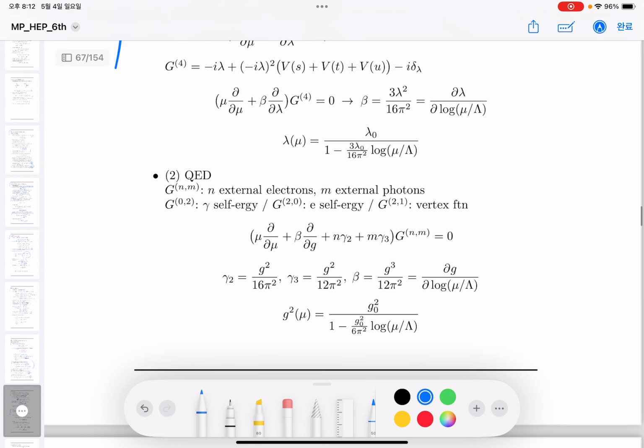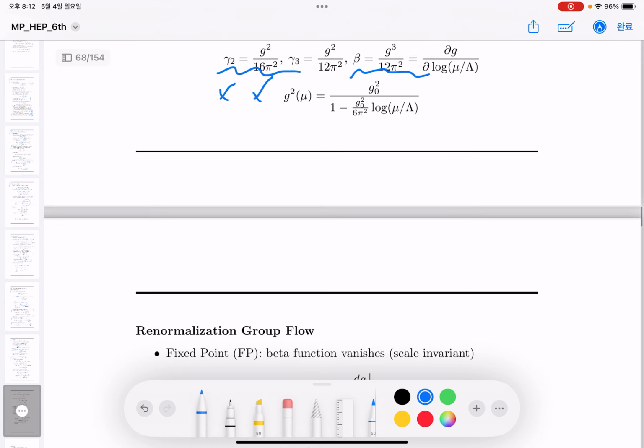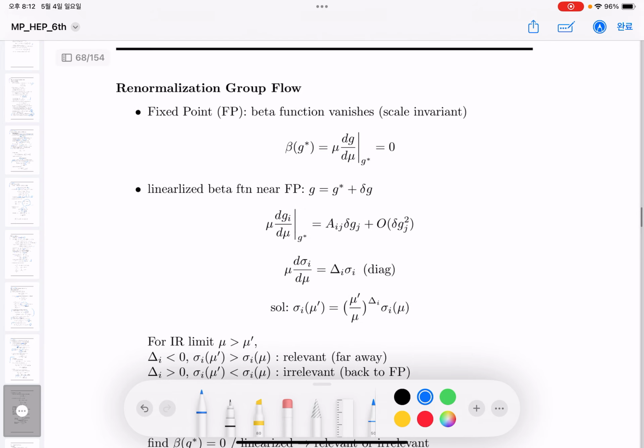Also, for QED, there will be two anomalous dimensions and one beta function. These correspond to the electron and photon respectively, and the beta corresponds to the electric charge, and we can obtain similar results for the running coupling constants by this beta function.